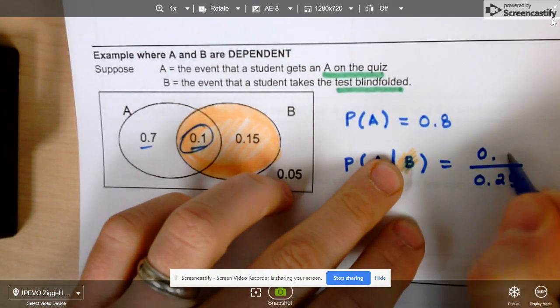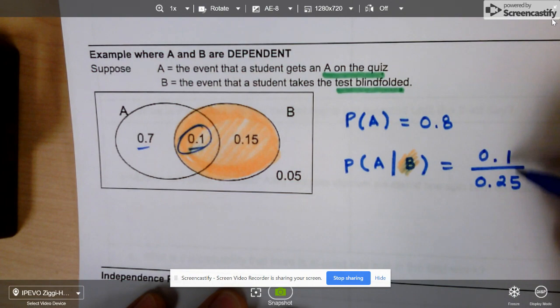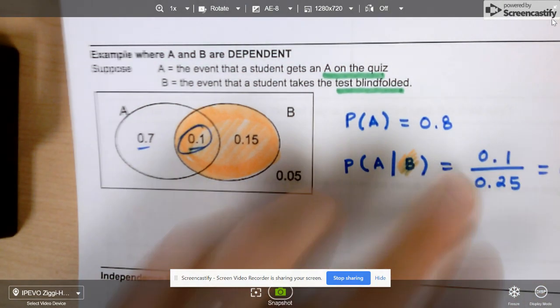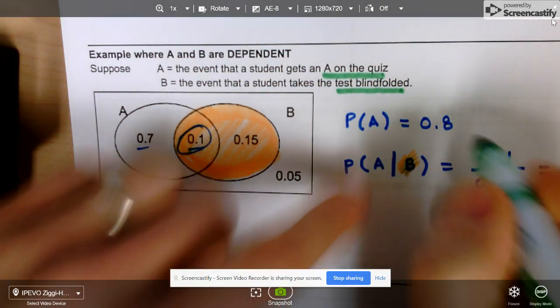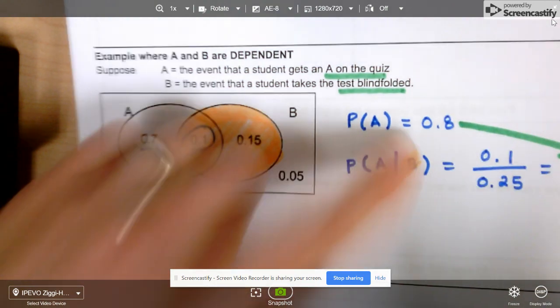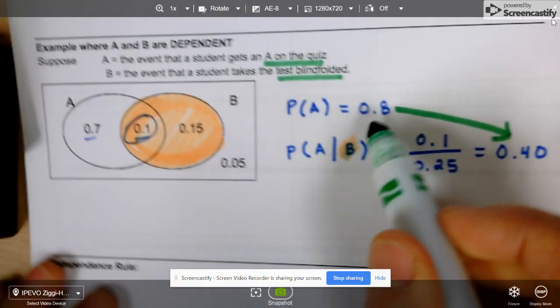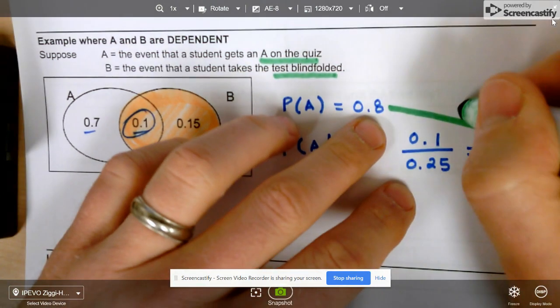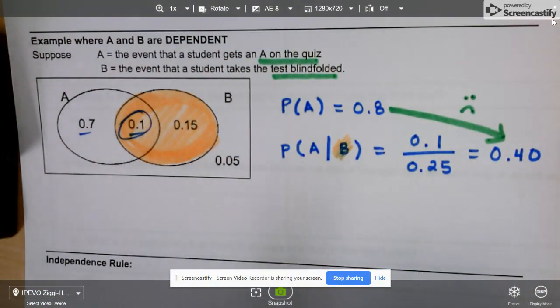So that would be 0.1. If you divide 0.1 by 0.25, you get 40%. Translation, if you know that a student took the test blindfolded, the likelihood that he or she got an A is going to go down.